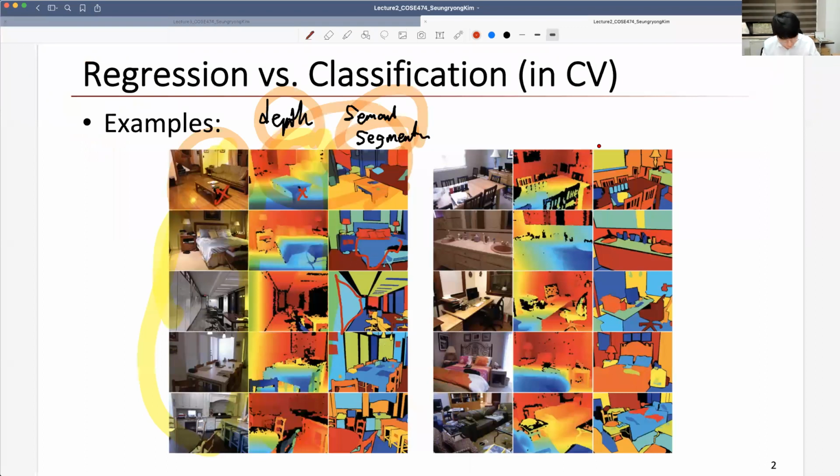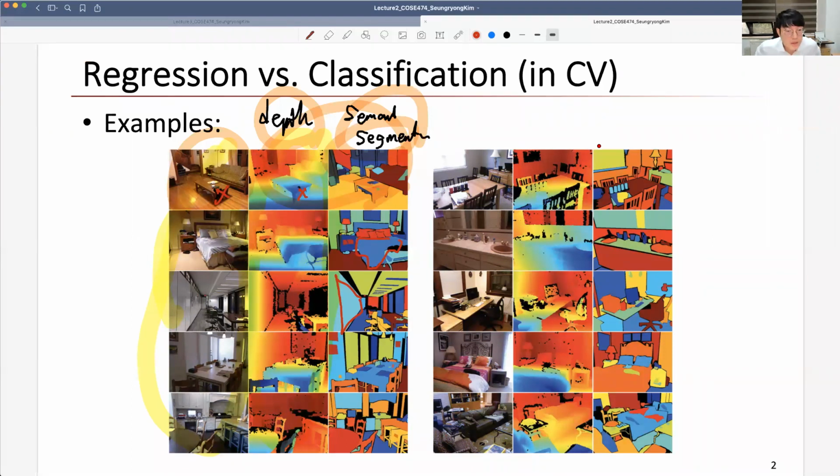Okay, so last week, we talked about the relationship between the regression problem and classification problem in computer vision application. For example, as you can see here, in some applications, we would like to estimate the depth information defined in the continuous space, or want to segment some object or the scene defined in the categorical space.